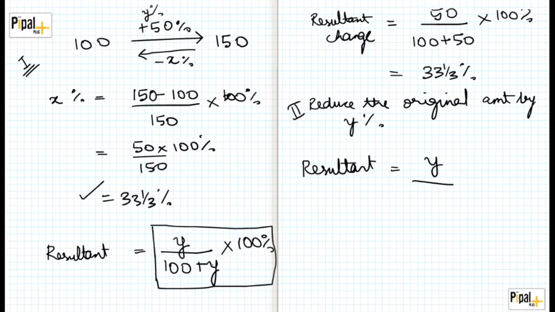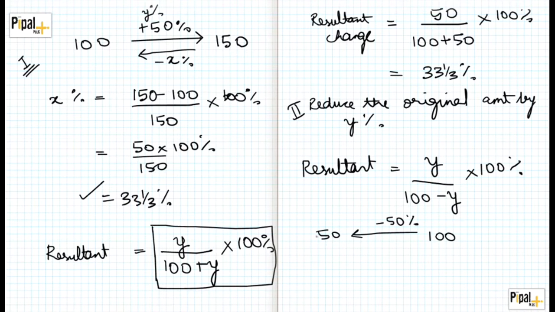However, the base, like last time, it had increased by 50. This time the base will reduce by y percent, right? So the base now becomes 100 minus y into 100%, right? So if, let's say, we'll take an example. If we had started from 100, right, and we reduce 100 by 50%, right, we arrive at 50, right?